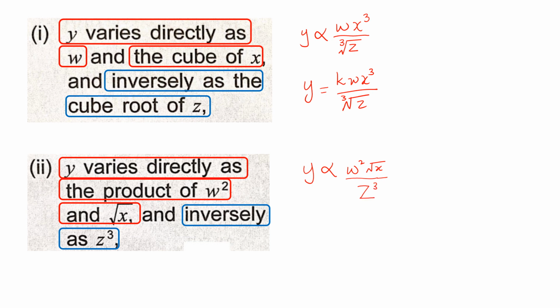So when we write in equation form, Y equals, we put a constant K, then W squared, square root of S, then over Z to the power 3.